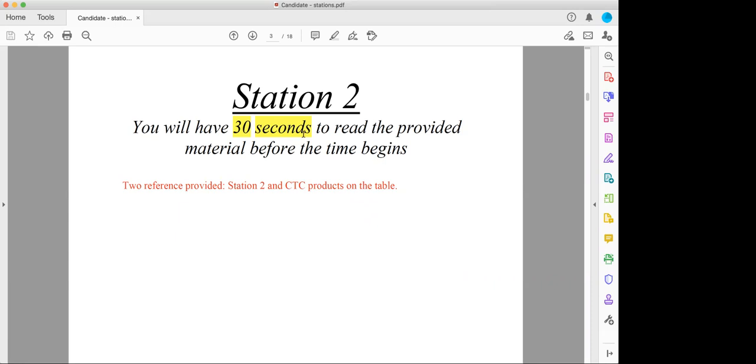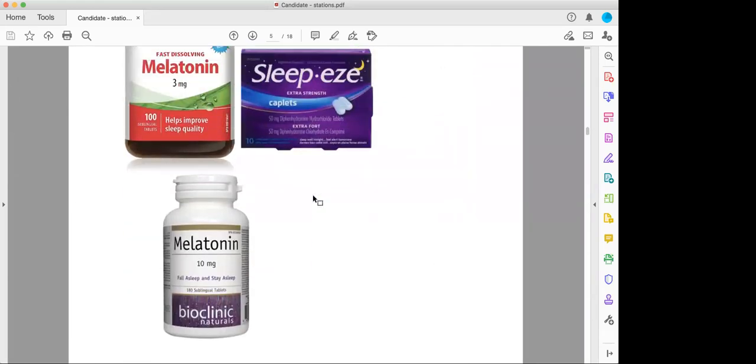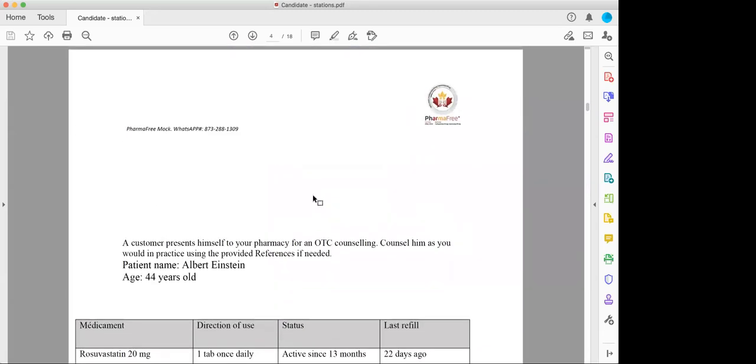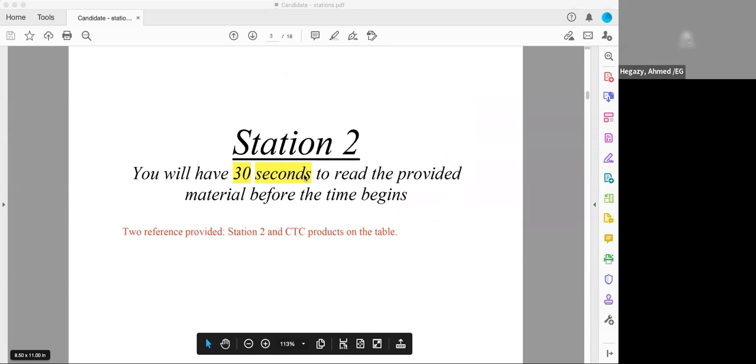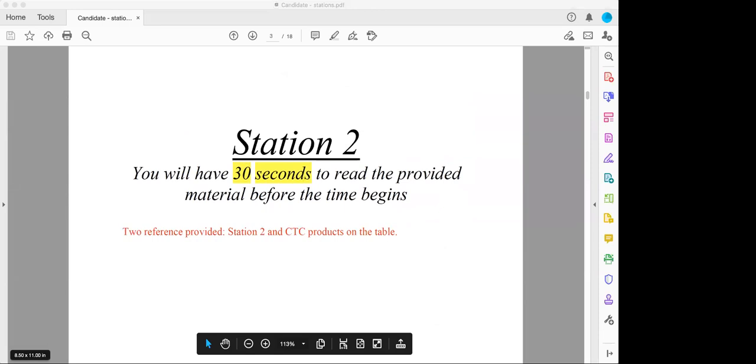Okay. Here we have 2 references. We have the station number 2 reference. I'm going to send it to you now. It's OTC products on the table. Okay, you have over-the-counter products on the table. Here it is, and you will have the reference now. Station number 2, one moment, I sent it to you here.